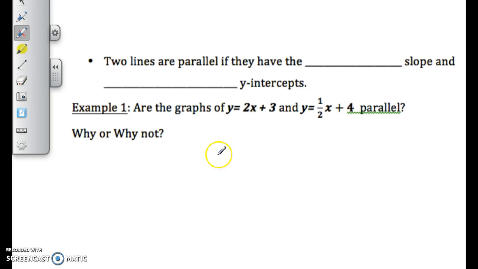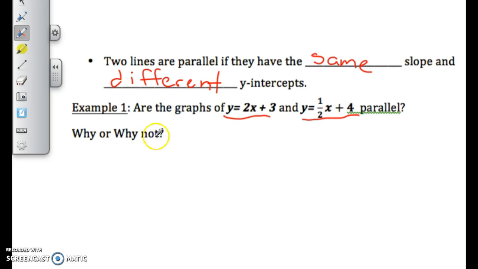And what do you notice about the two equations? Two lines are going to be parallel if they have the same slope and different y-intercepts. The y-intercepts have to be different because if they weren't different, there would only be one line. So are these graphs y equals 2x plus 3 and y equals 1/2 x plus 4 parallel?